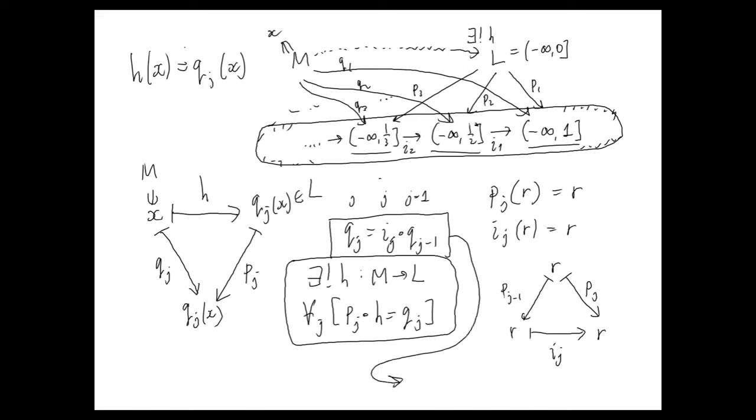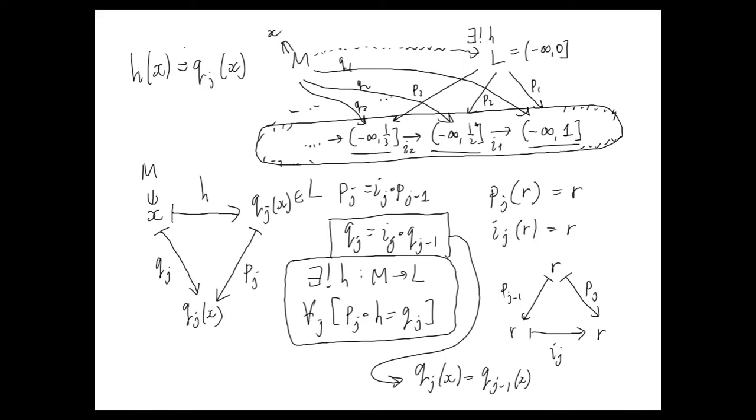I see that some things are disappearing on my board, right? I think I had a similar equality here for P. No, this was I. So remember that Ij maps every R to R. So this equality tells me that Qj of X will always equal Qj minus 1 of X for every J.